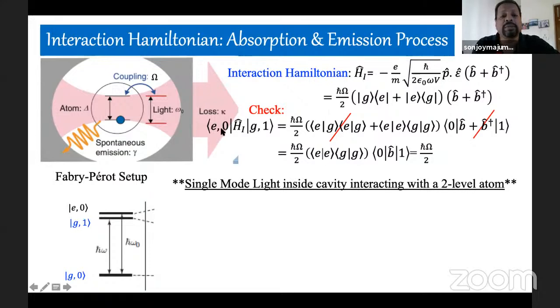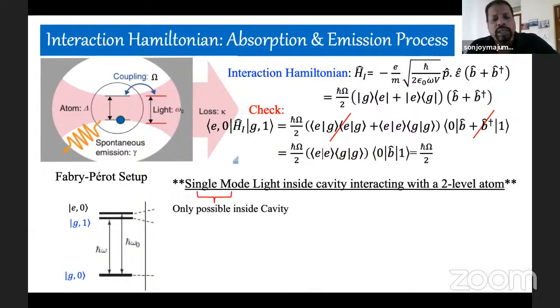That means this transition matrix element will give you the coupling parameter, which is nothing but the Rabi frequency. I believe you understood how the coupling term comes. It comes from the electric dipole transition strength, which you can write in terms of the Rabi frequency.